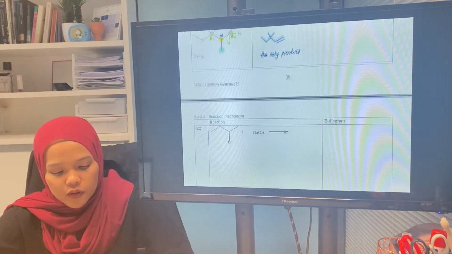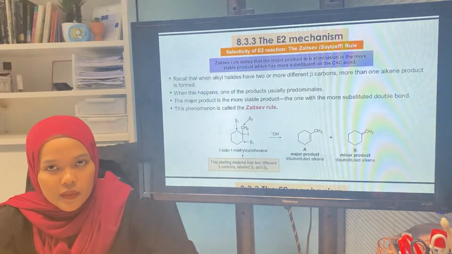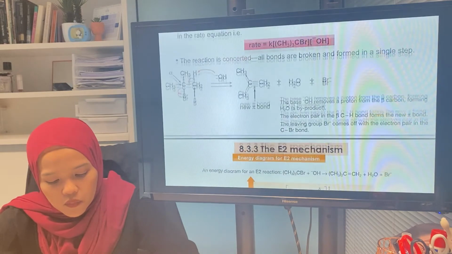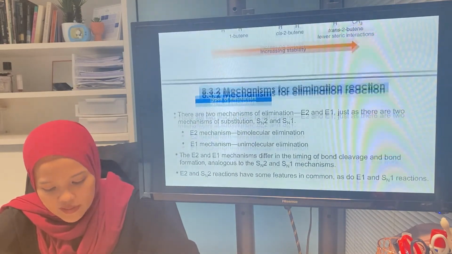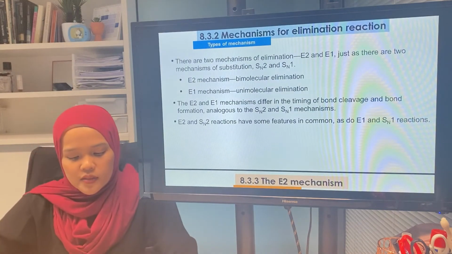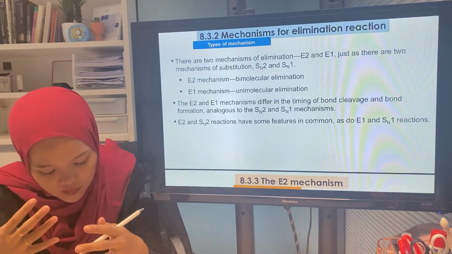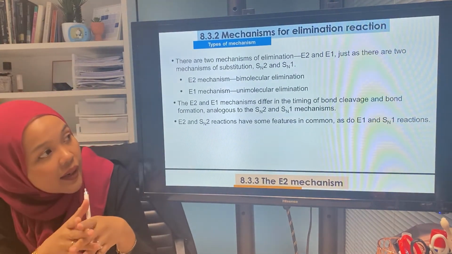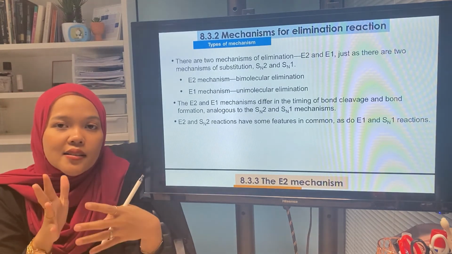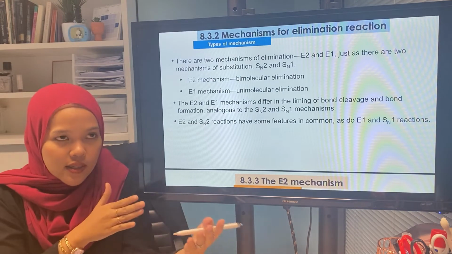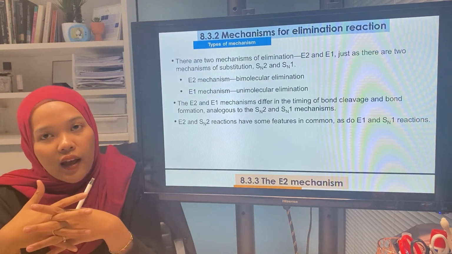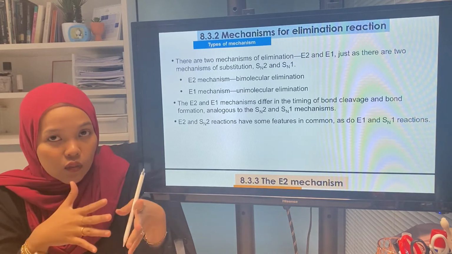Okay, I am going to proceed with the mechanism. Now when we want to talk about the mechanism for the elimination reactions, you can have 2 types of mechanism, just like substitution reaction. You can have SN1 and SN2. For elimination reaction, you can have E2 and E1.